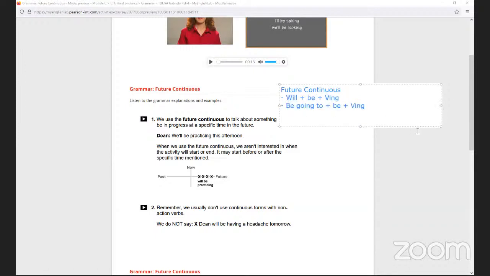Now, for the structures of these, okay, both are gonna be the same, but for making affirmative, we will say that we have to use subject plus will, be ing, plus complement. For example, I can say something in a progressive way. For example, affirmative statement.